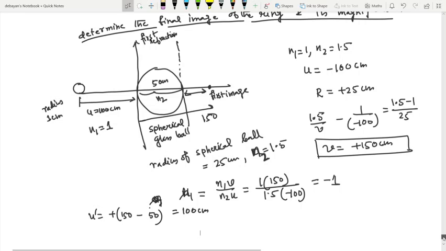7. So from that you get the value of mu2, or you can say this is a magnification, it will be better to write. Magnification m2 is n1 v by n2 u, that is 1.5 by 7 into 1 by 100, that is 3 by 7.